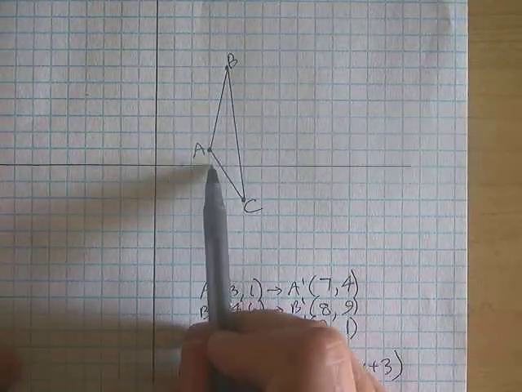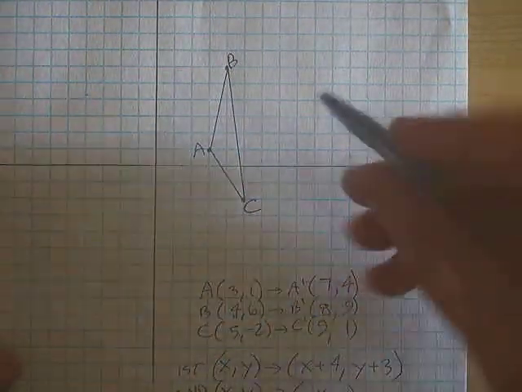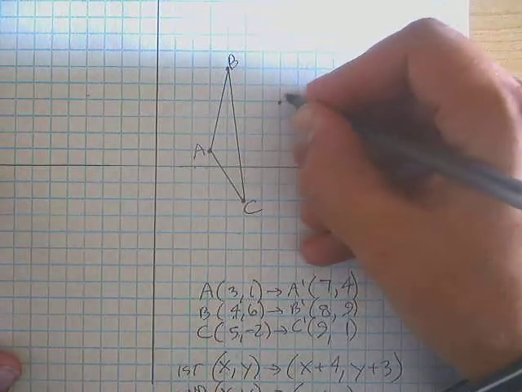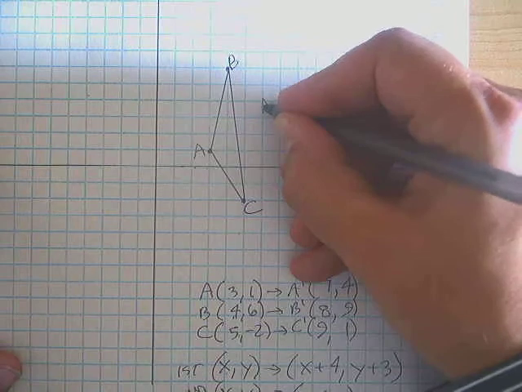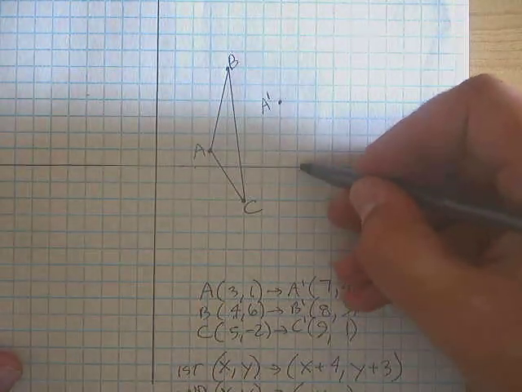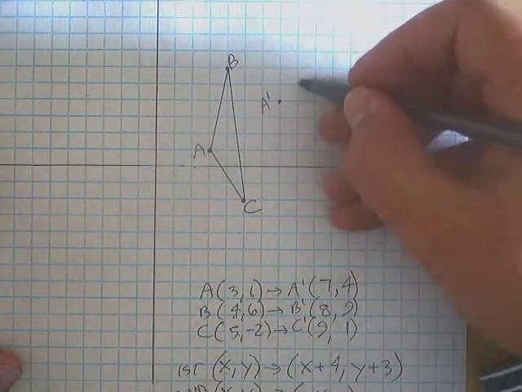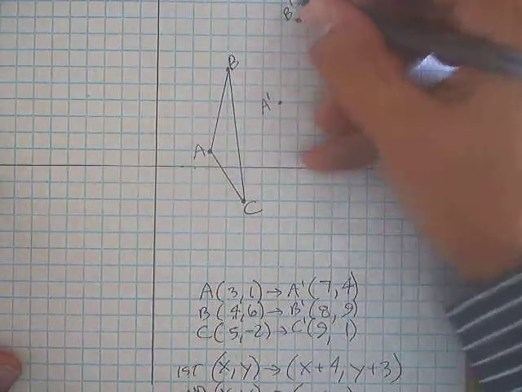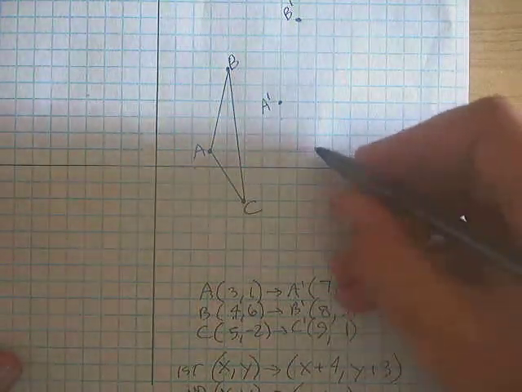So I'm going to label those points. Go up here. So go to (7, 4): 1, 2, 3, 4, 5, 6, 7, up 1, 2, 3, 4. That's going to be A prime. B prime is going to be (8, 9): 1, 2, 3, 4, 5, 6, 7, 8, 9.